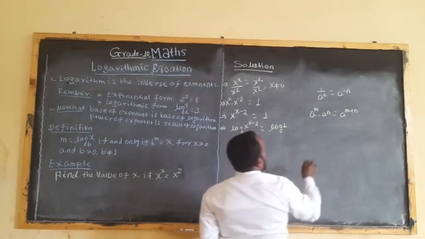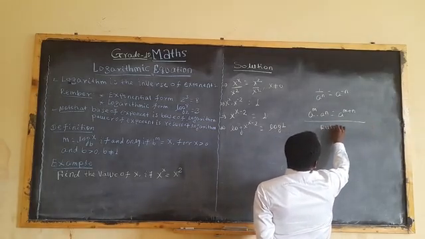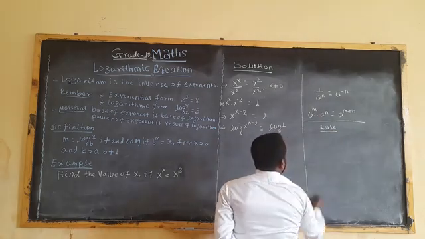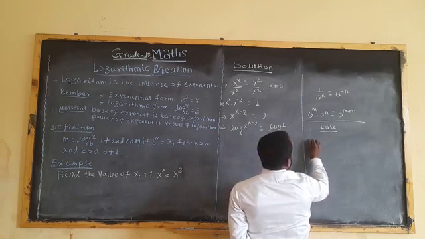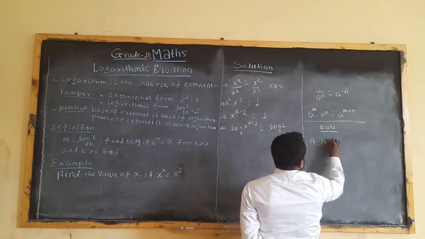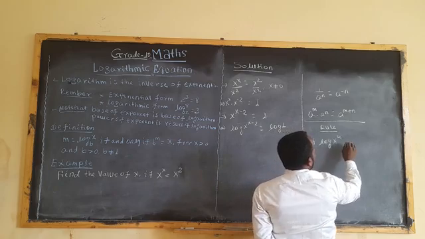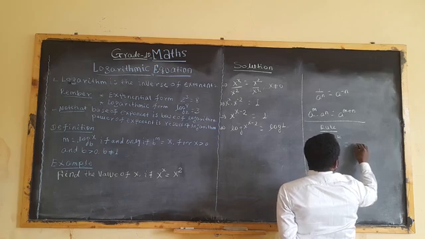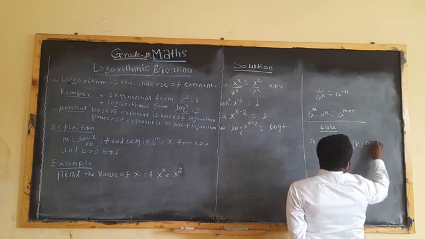We have rules of logarithm here. If logarithm of x to the power of k is given, then it is equal to k times logarithm of x.